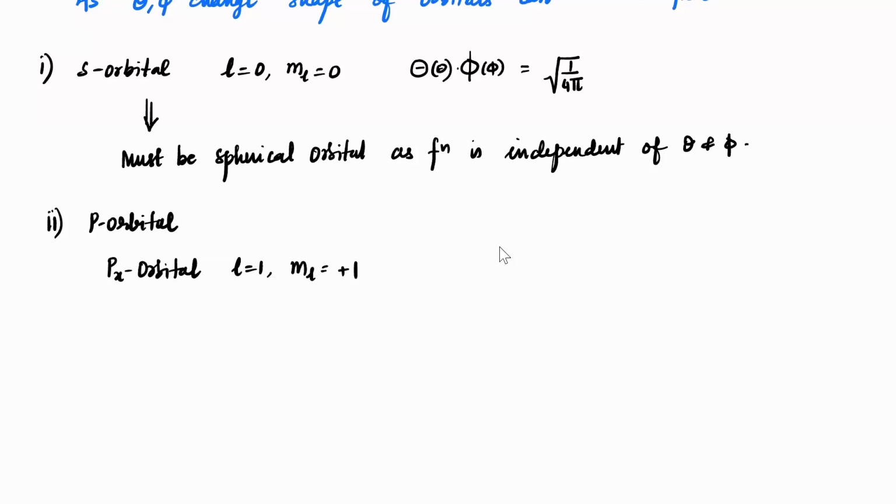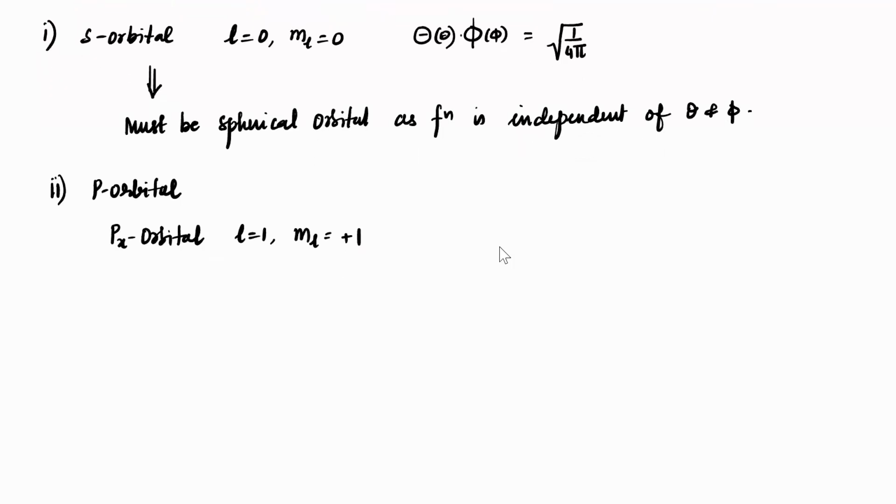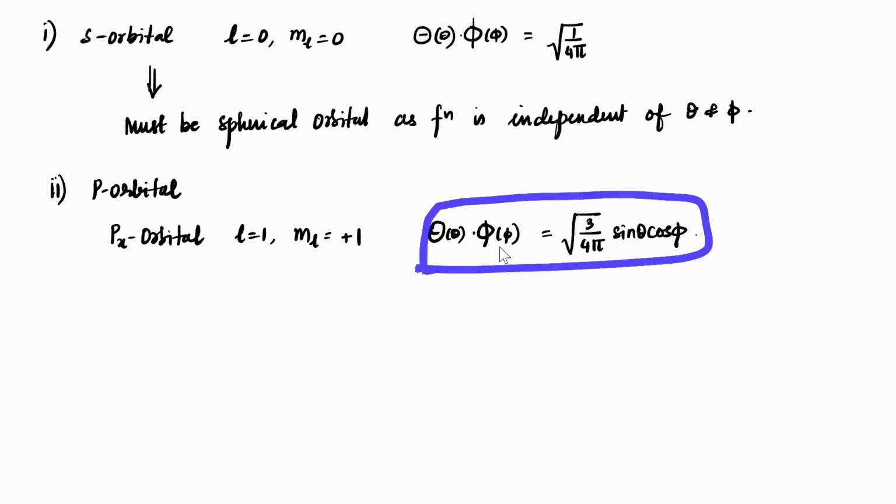Conventionally, px could be plus 1 or minus 1, but pz is always fixed to 0. So L value is 1, ML value is plus 1. In that case, theta of theta and phi of phi is found to be under root of 3 by 4 pi into sine theta into cos phi. This is the value observed in the Schrodinger's equation.